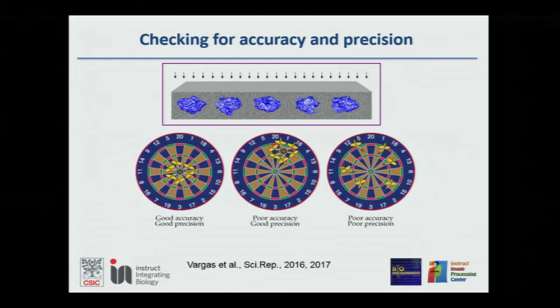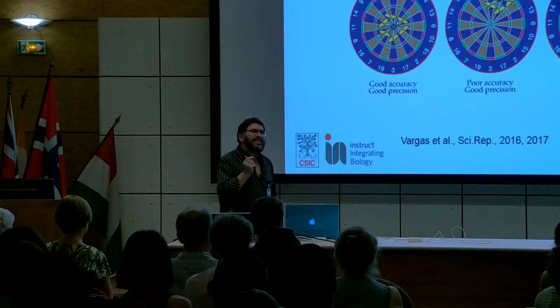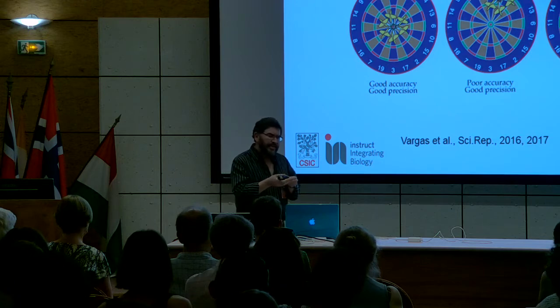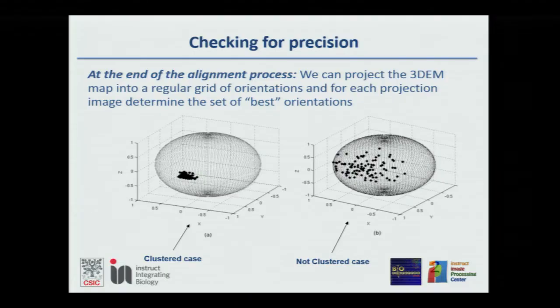A few years later, we wanted to ask another question. How accurate is really our accuracy and precision? How good, in a general sense, are we at estimating these 3D orientations? And actually, we started from simple first principles, and we addressed the notion of precision.